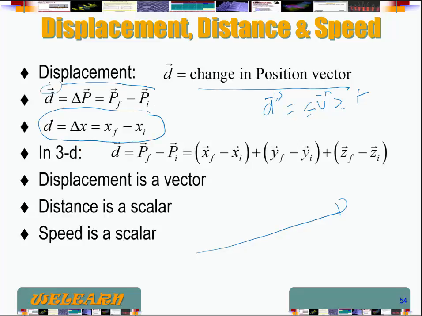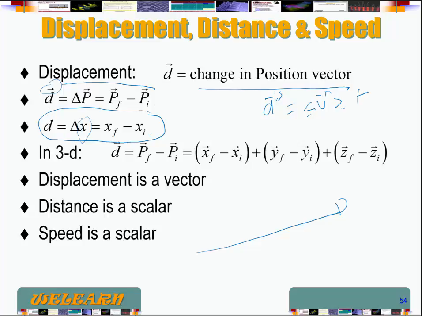Instead of writing the arrow, we write it as an x to tell us that all the motion is along that same direction x. Then my displacement is change in x, delta x, which is x final minus x initial.